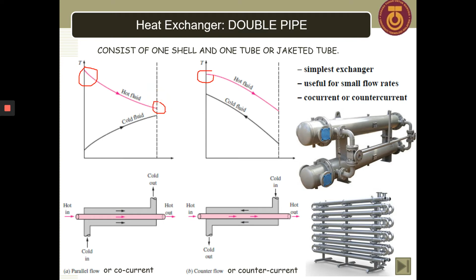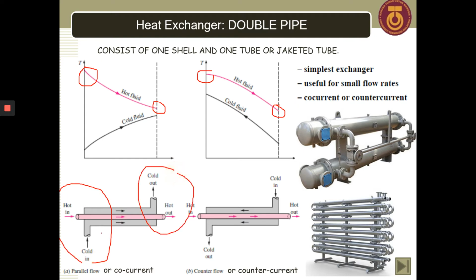The outlet of the hot stream is lower than the inlet, which is the same here. But note that here you have the same direction for parallel, and here you have different directions for counter current. So what you have to focus on is this part and also this part.